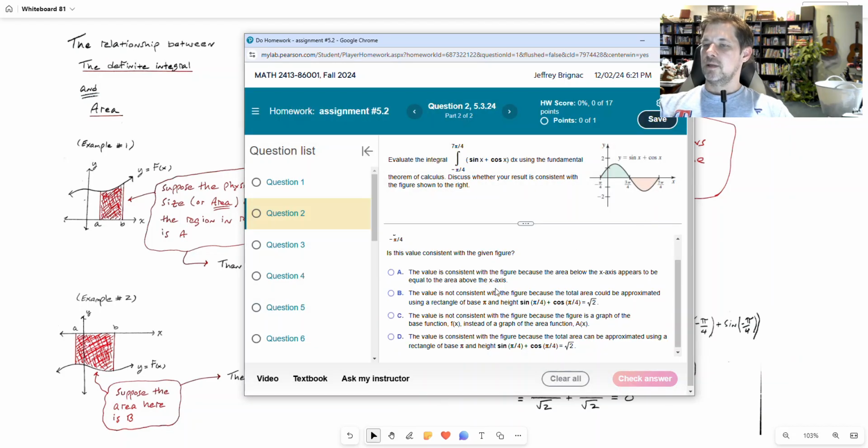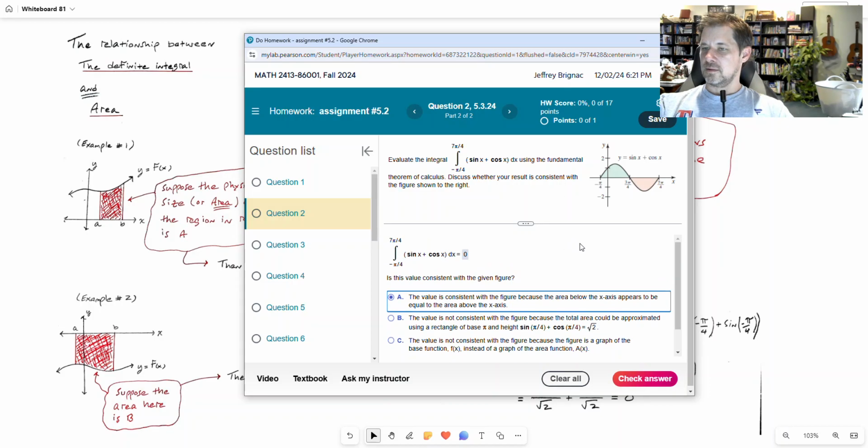And then this last part is to make the connection, as I said, between the area and the integral. Which choice seems to be what I was saying? It would be this first one.